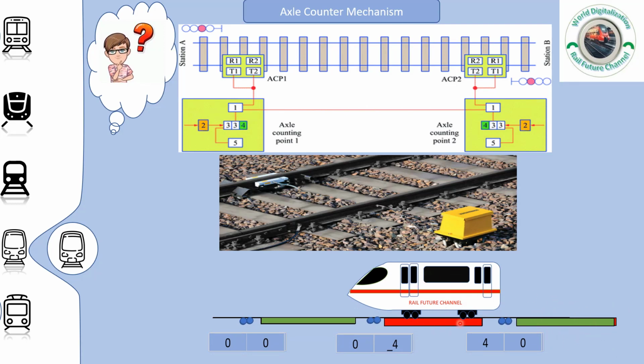So the next section for this system starts counting the 4 axles of the train. So we will have here 4 axles, and when these 4 axles pass over this head here, we will have -4 axles.